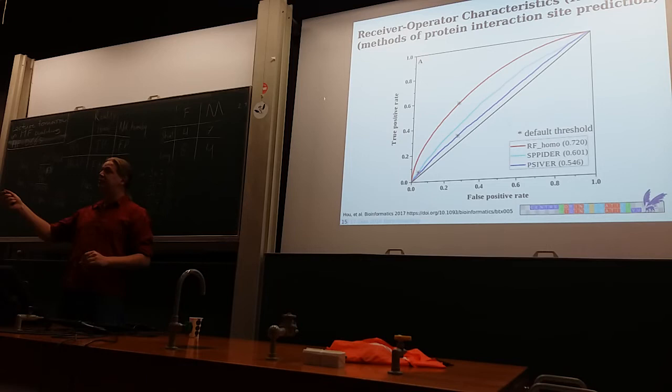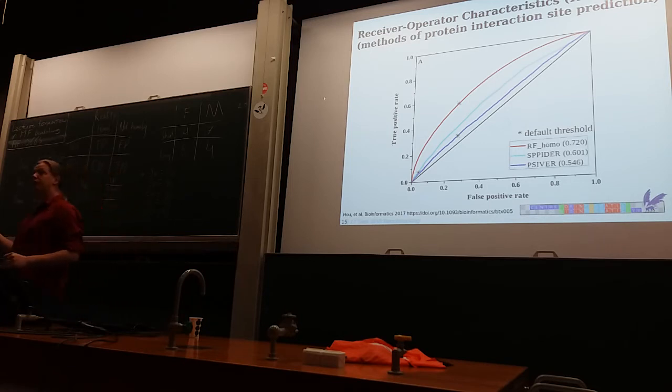Now, if you predict everything to be positive, then you end up in this corner. So your true positive rate equals 1, but you also got everything wrong that you could have gotten wrong, so your false positive rate is also 1. Looking at the table, what we're effectively doing, right, is we're shifting everything from this row to this row. So you start out with 0 values here because you predict everything negative, and you end up with 0 values here because you predict everything positive.